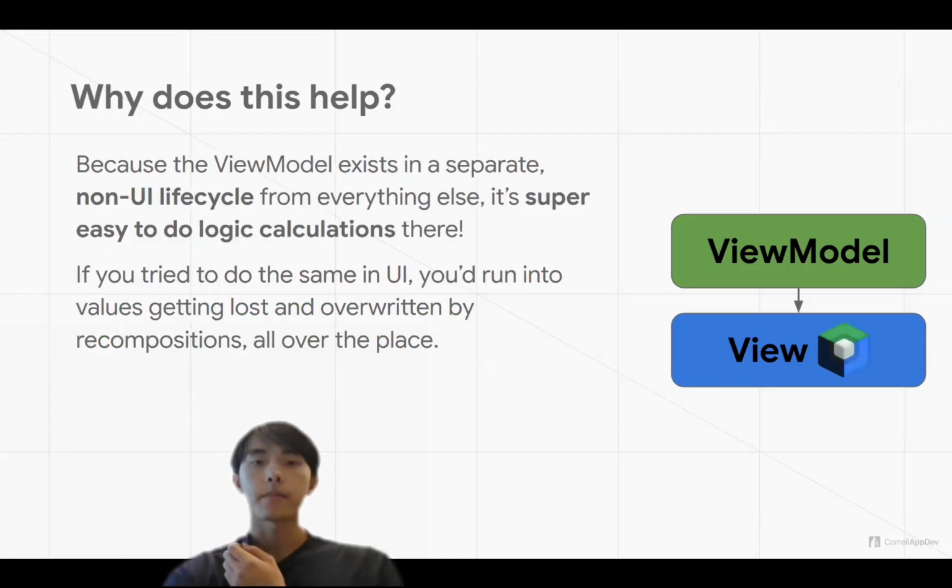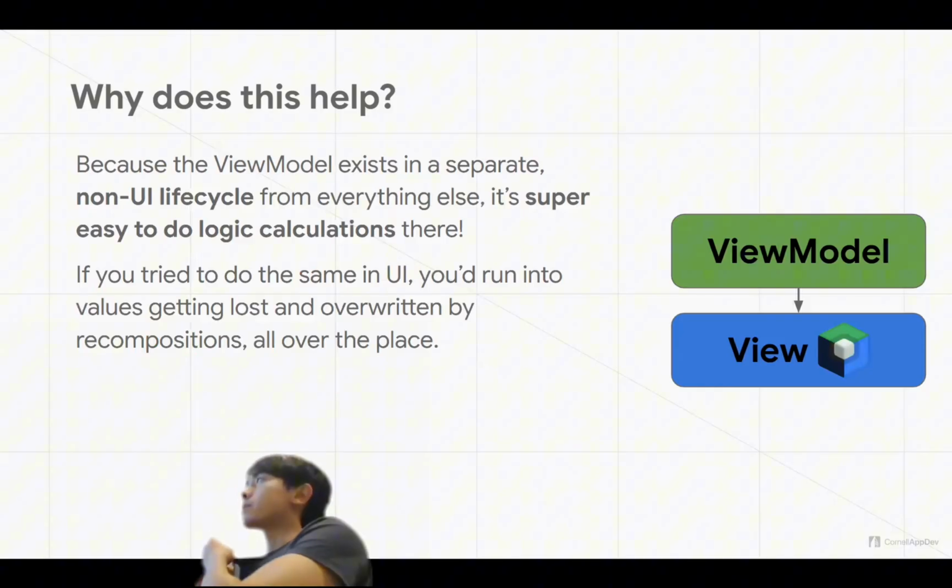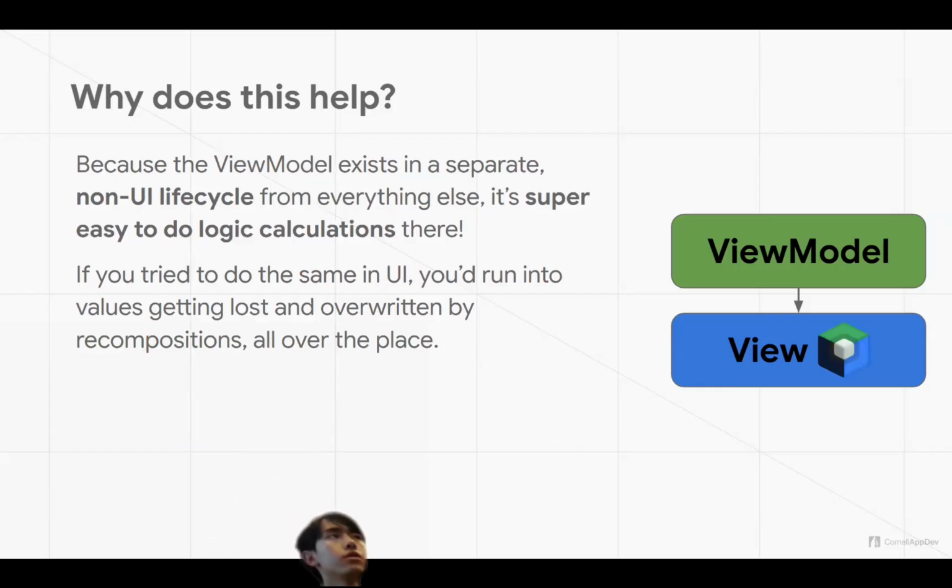And so, in general, why is the view model so useful? Why pull this all out into the view model anyways? Why not just do it in the screen? Because the view model exists in a separate life cycle from the recompose life cycle that's always rerunning your function over and over again, so you don't know what values your states will hold at any given point.